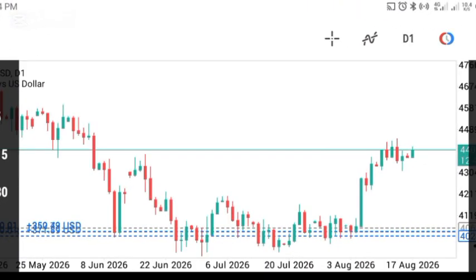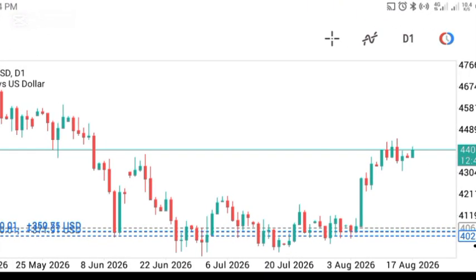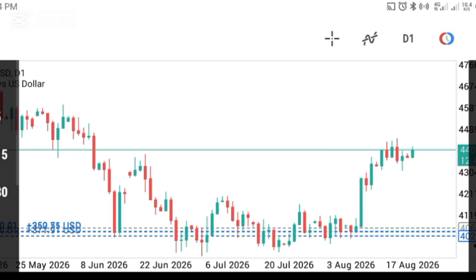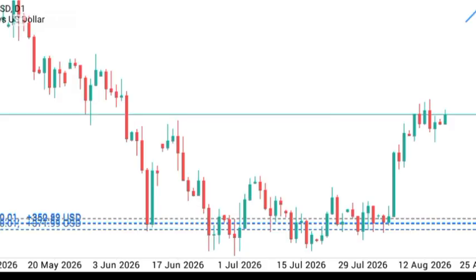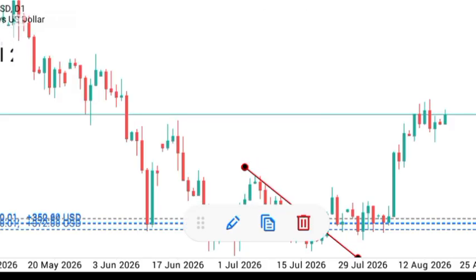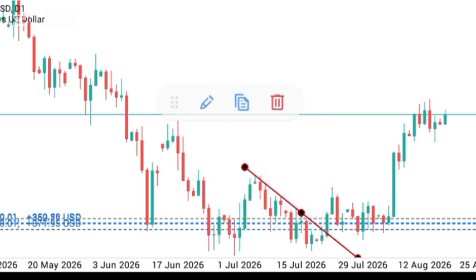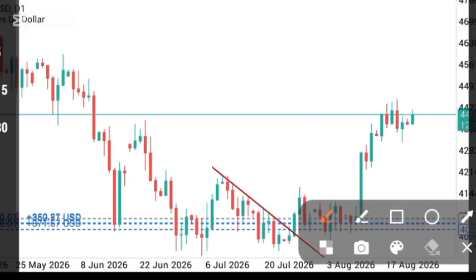So when you look at this chart, first and foremost, before I entered, price was actually around here. I had drawn this trend line. Of course, I thought that once price breaks this trend line, I'm likely to enter, and the price had to range around for 2 good weeks.